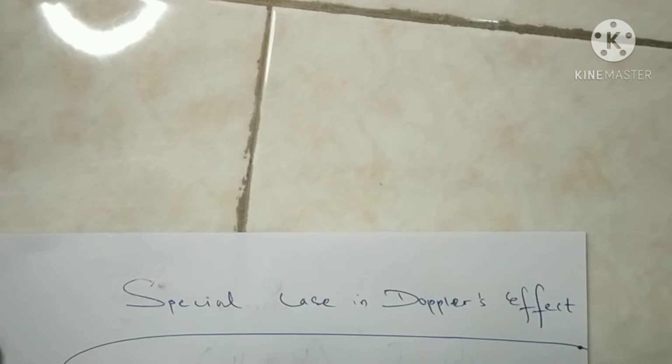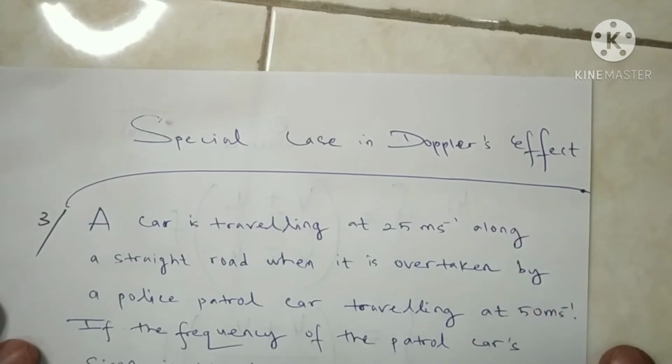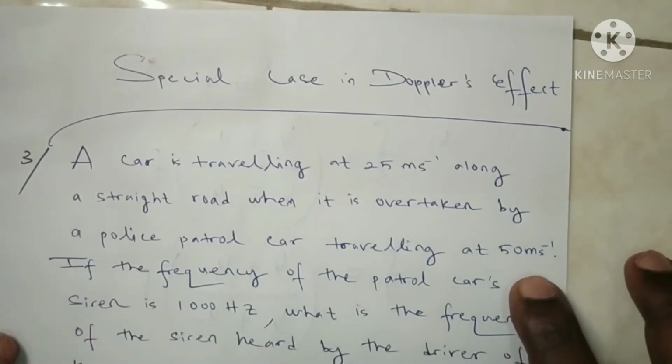Now we come to the final part of Doppler's effect. In this special case, we're going to see a car traveling at 25 meter per second along a straight road when it is overtaken by a police patrol car traveling at 50 meter per second.